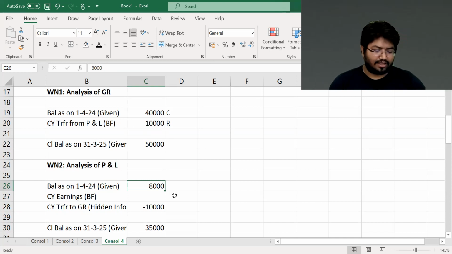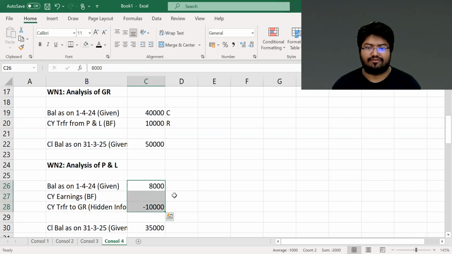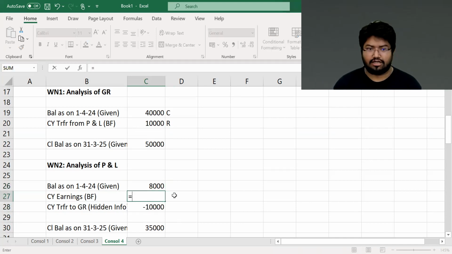Now, what is the amount of profit made during the current year? Current year earnings is how much? 17,000. Very simple. The total of all these three numbers should be equal to 35,000. So it's going to be this minus this and this.